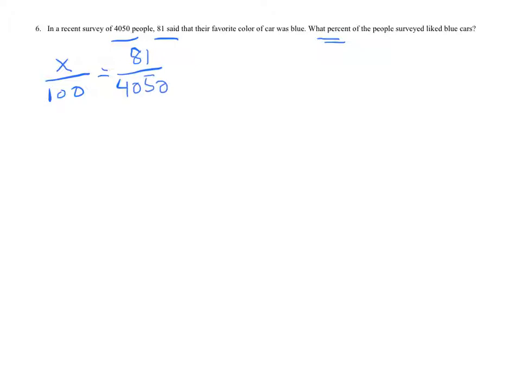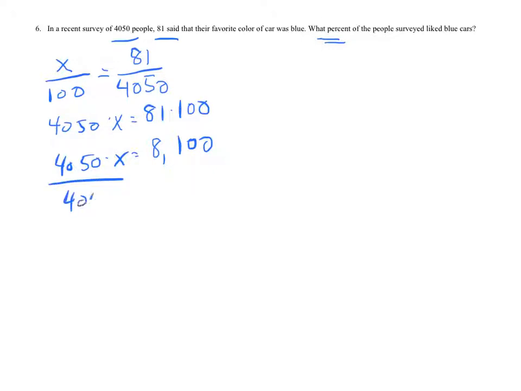Once again, we use our cross products. 4,050 times x equals 81 times 100. And 81 times 100 is 8,100. Once again, we divide by that 4,050.